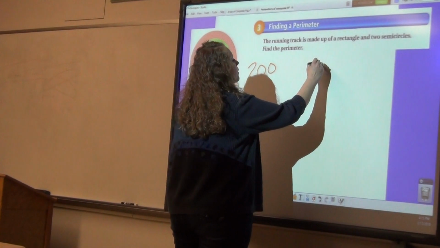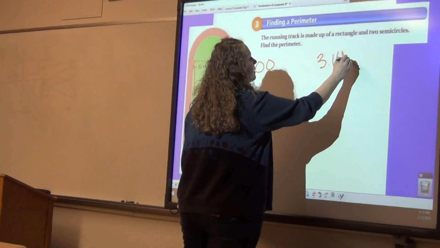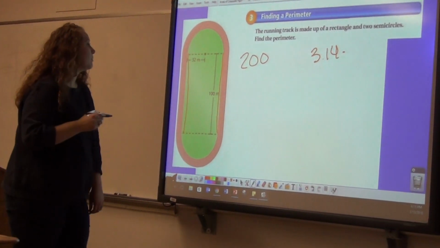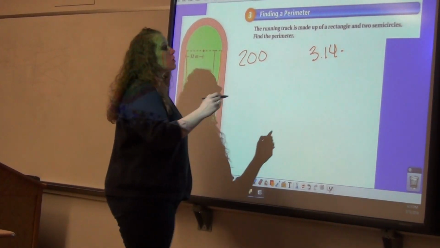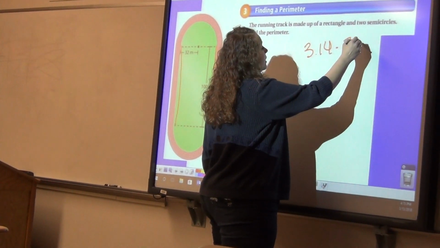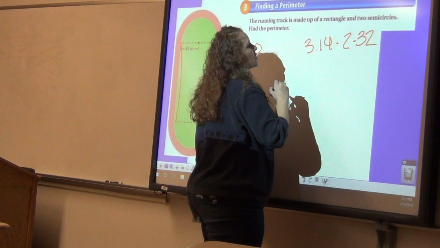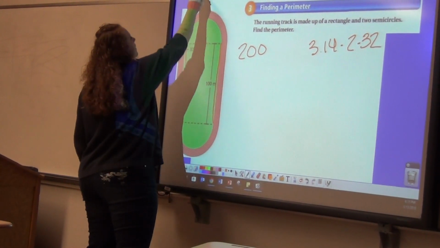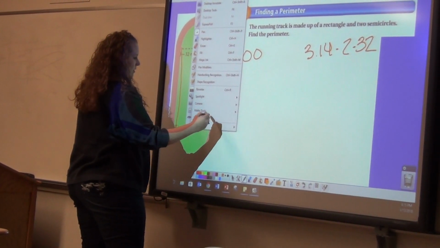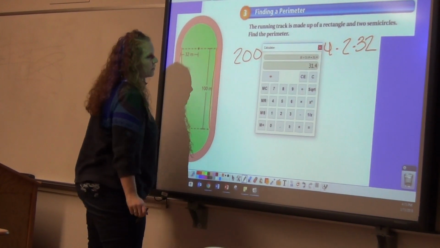So we need to go 3.14, which is pi, times our diameter. Well, we have our radius here. So times 2 times our radius, which is 32. Math tools, calculator.